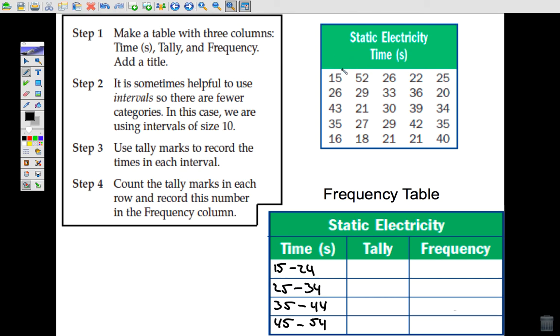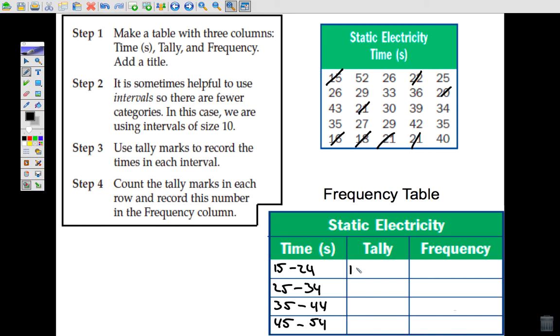So, okay, there's 15, 22, 20, 21, 16, 18, 21, 21. Okay, so as I look through this, I can make a tally.